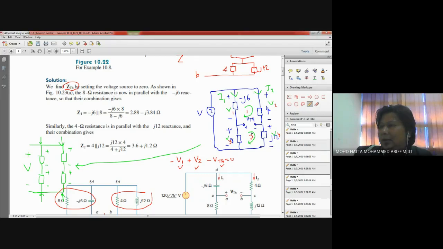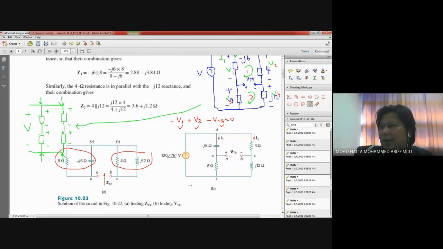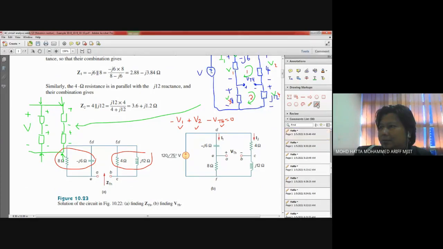Okay, if I use this second loop, I can rewrite my equation as, if I start over here, the first one is negative V3.